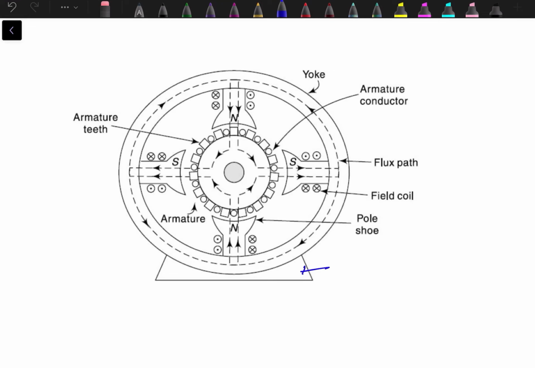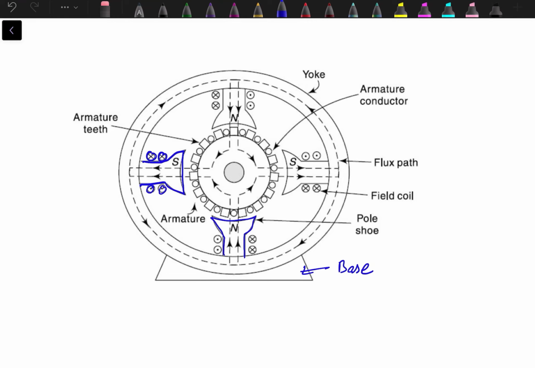So this is the base of the machine, then this is the yoke or the stator core. Here we have the projected poles. This is 1, 2, 3 and 4, and these are the field windings which are placed over here.